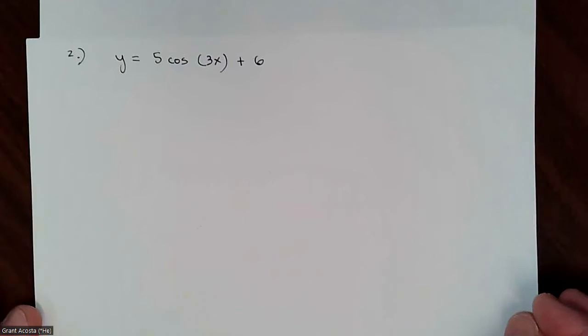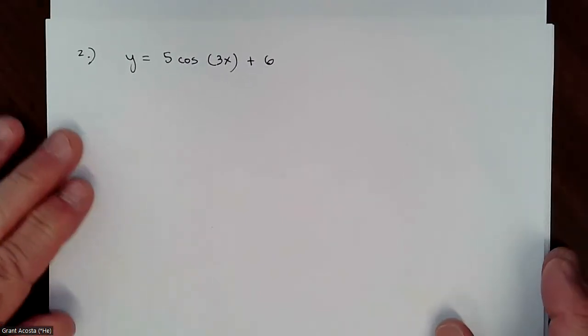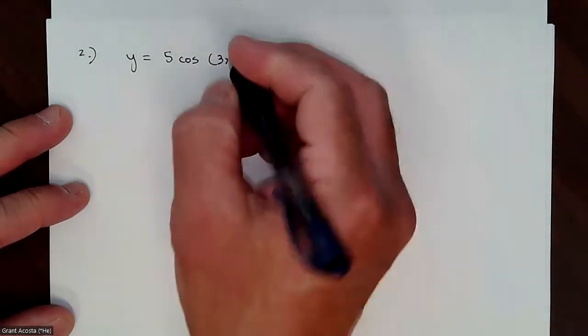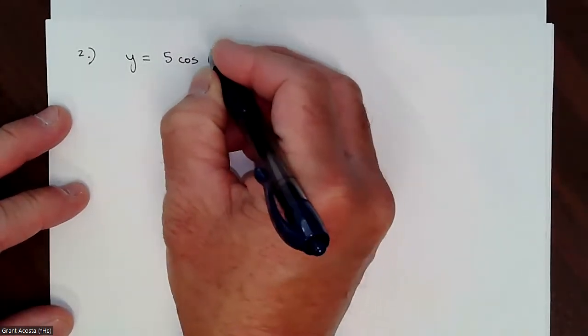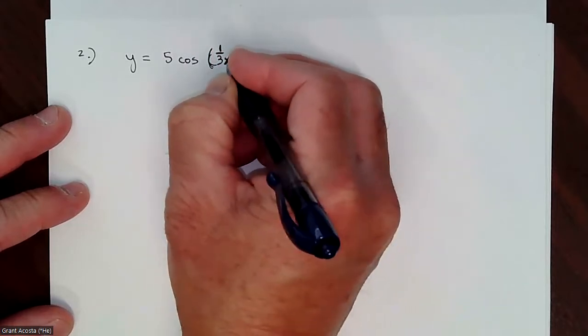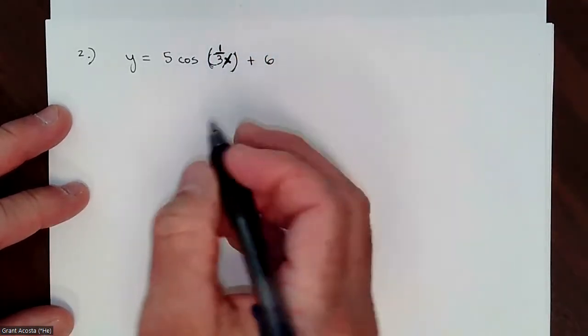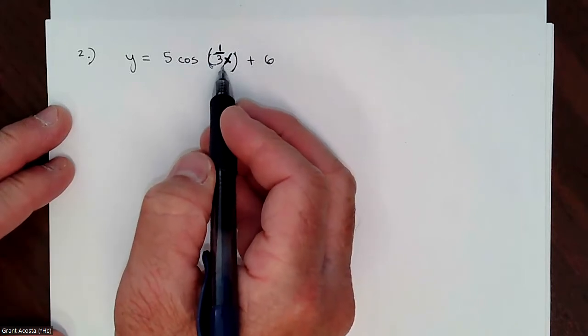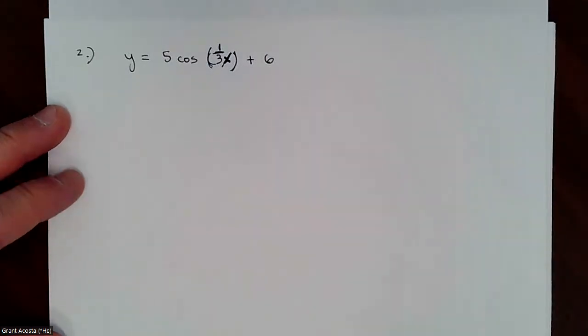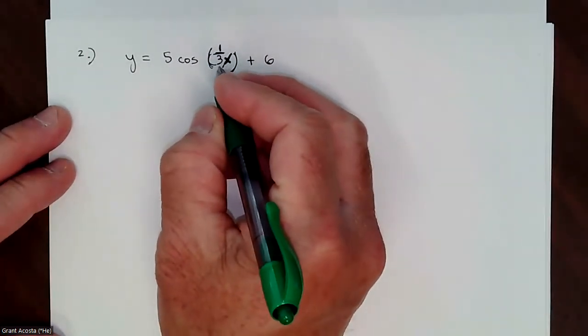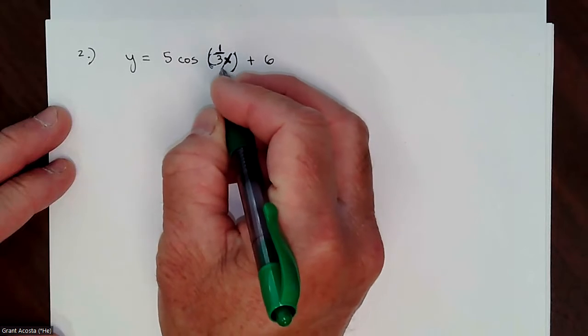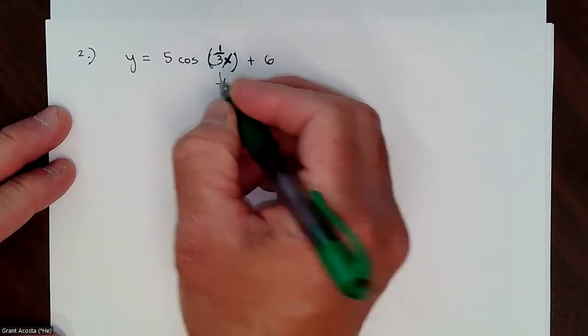Okay, next one, let's practice this. y equals 5 cosine, let's make this 1/3 x, just so we can see the opposite effect. This is going to cause a horizontal stretch of our graph, and it's going to affect the period.